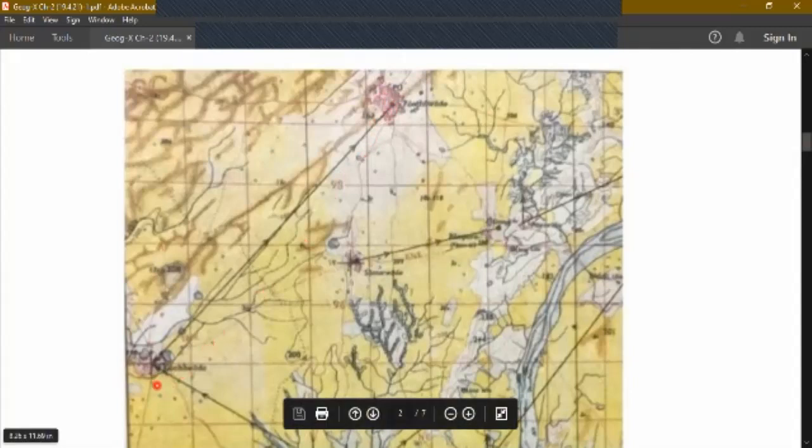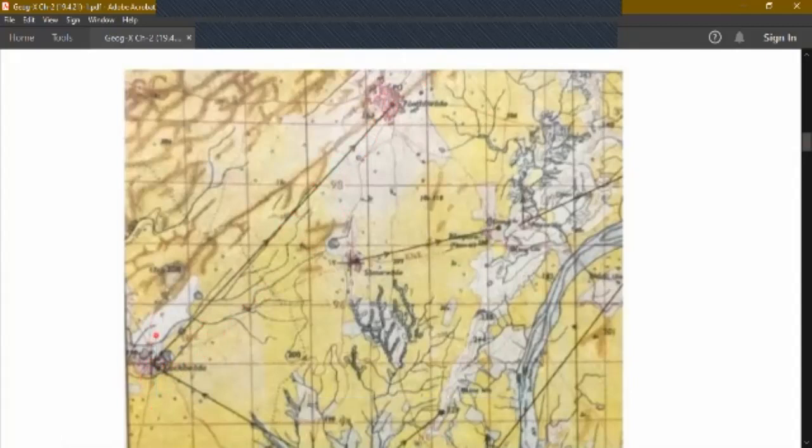Secondly, join the midpoint with a straight line, and then draw the cardinal points at Kuchawada, because we have to find the direction from Kuchawada.